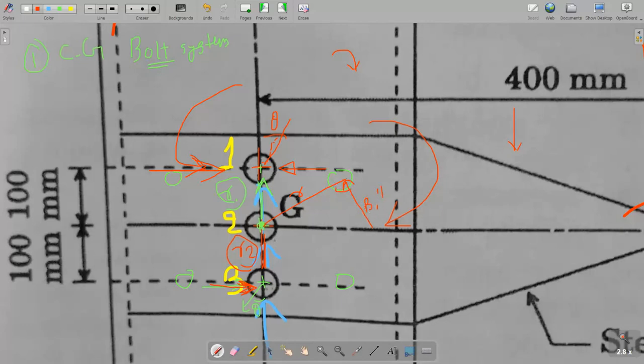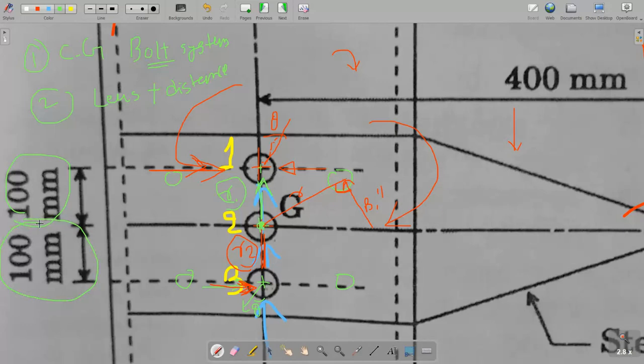This is the 90-degree distance. Always remember: first find the CG of the bolt system, then find the least distance, that means the distance between two bolts should be least. This is a simple case, so you easily found it, and it is given also as 100 mm.